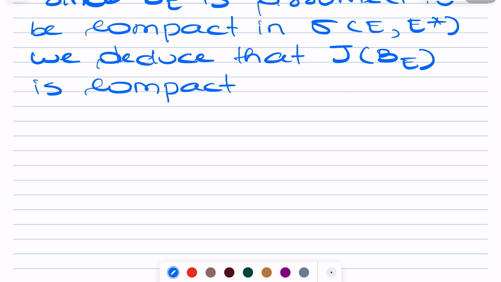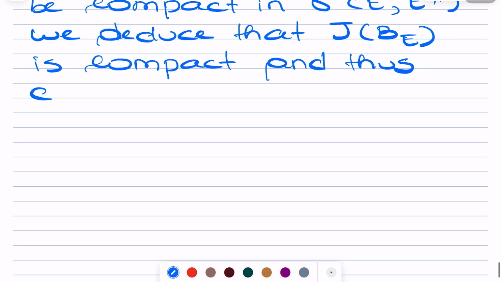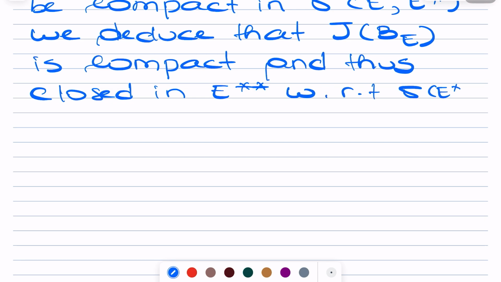And thus closed in the bidual, with respect to the topology sigma(E star star, E star).